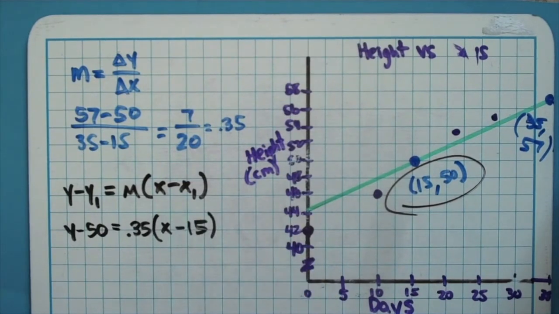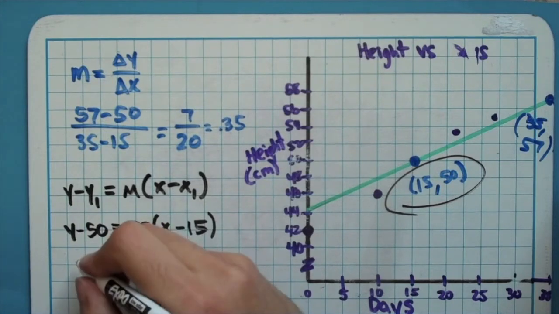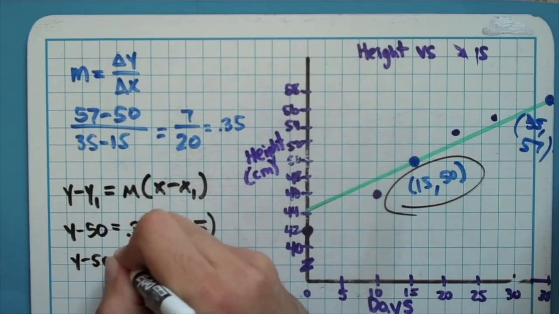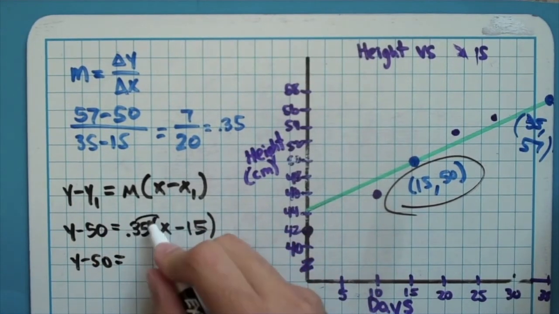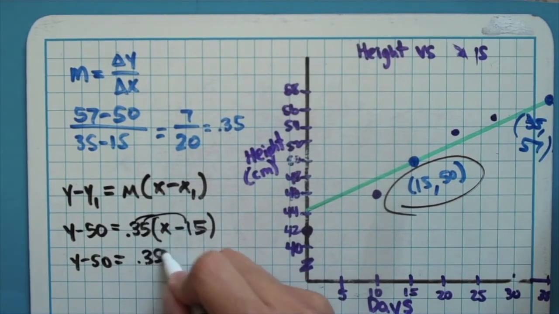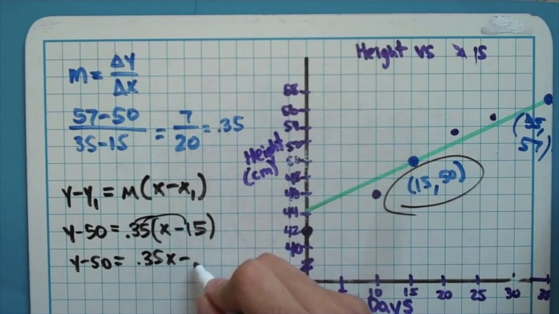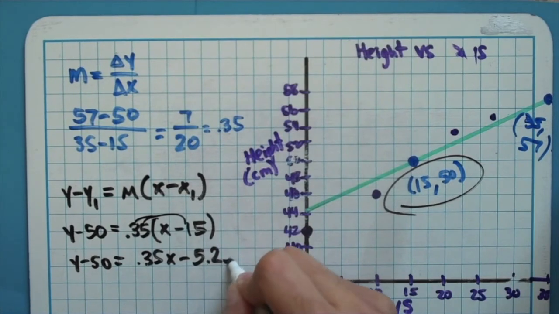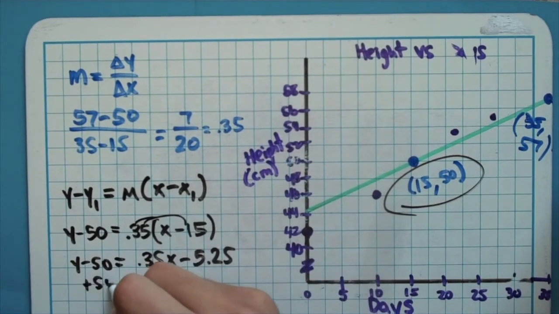And then it's really just a matter of getting x or y by itself, just like we would normally do. The only thing is the numbers are a little uglier in this problem. So I get y minus 50 equals 0.35x minus 5.25. We're going to add our 50 onto both sides.